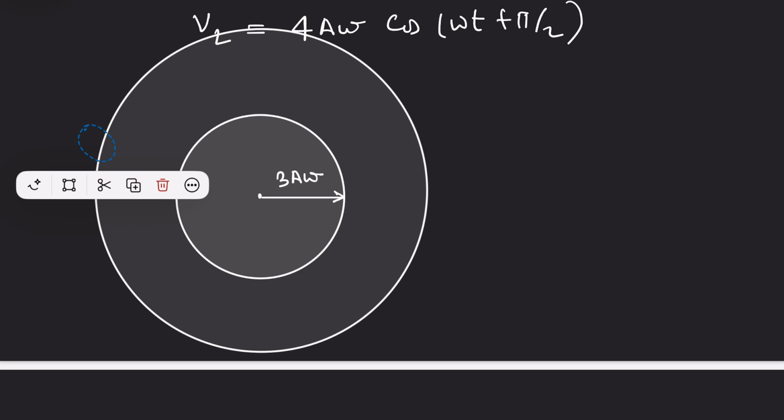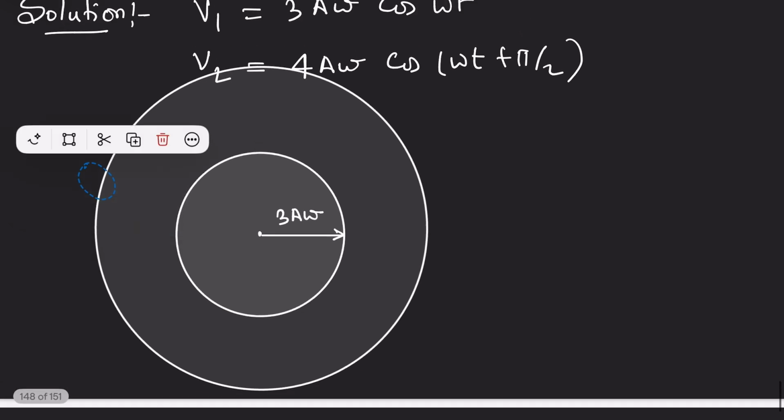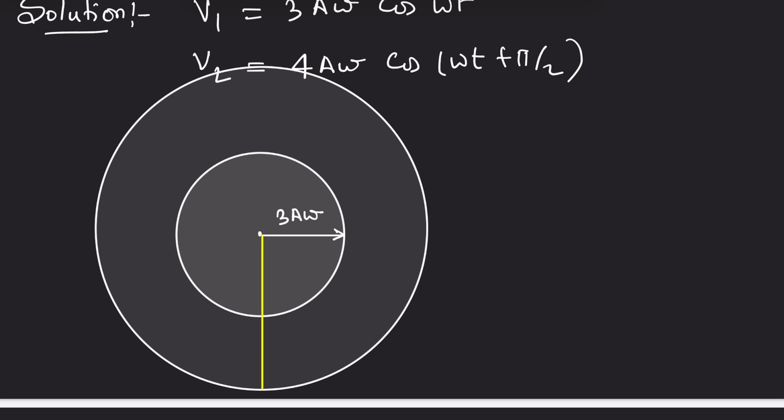This will be ahead by a pi by 2 angle compared to this. I'll take a different color for this. It is going to be here. Both we are assuming moving in the clockwise direction.